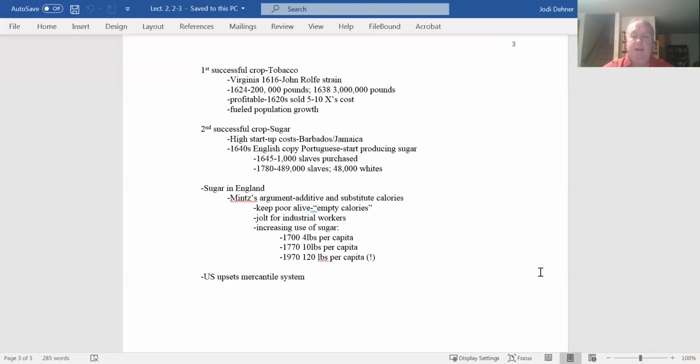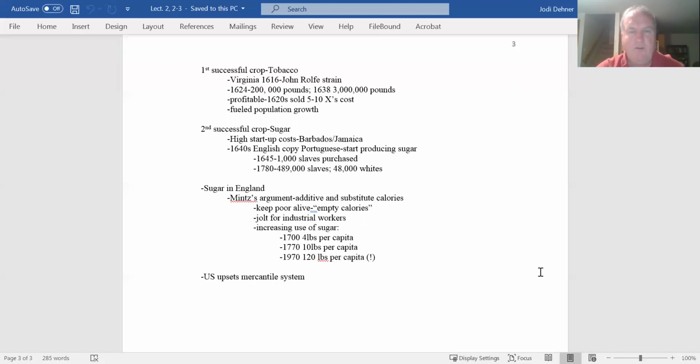And so it captured a large share of the market. I should note that John Rolfe created this in 1616. It was too late for the Virginia colony. The Virginia colony went bankrupt in 1619, and it reverted to the crown. So all the investors lost all their money. They went bankrupt. And then the crown took over Virginia colonies just when it developed a very profitable item.